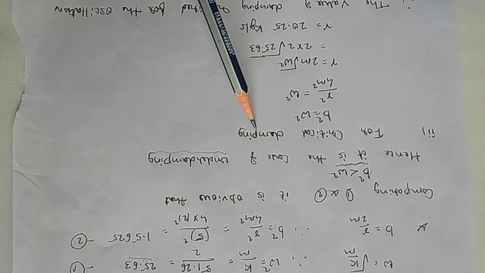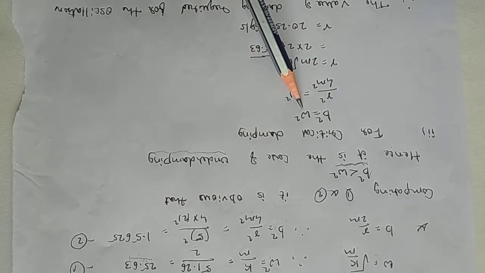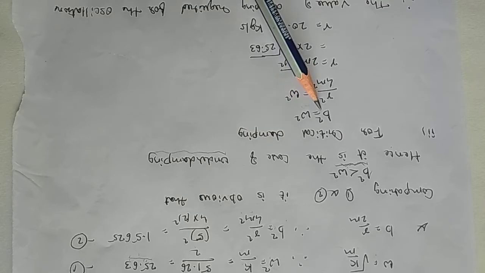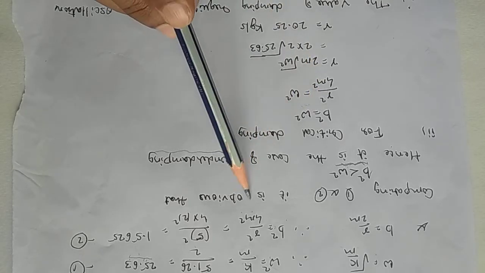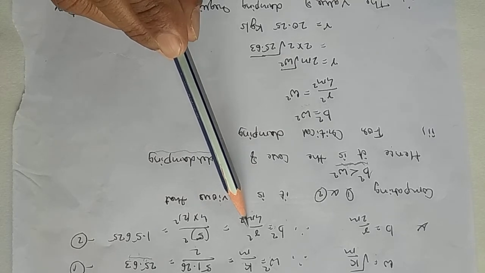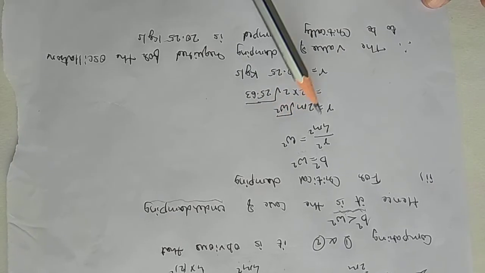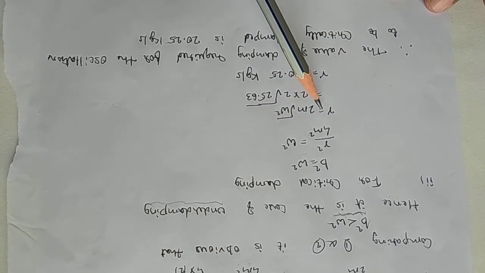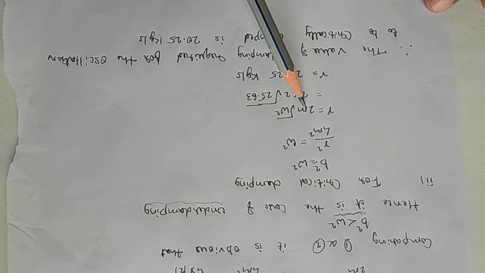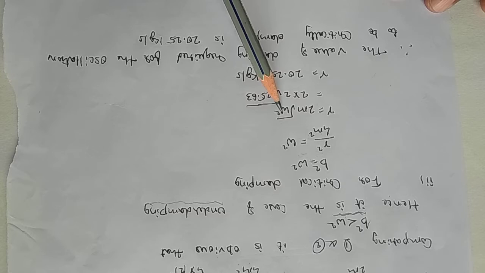Now for critical damping, we observed that b square is equal to omega square, they are equal. Now what is the value of b square? R square by 4M square is equal to omega square. Now rearranging the terms here, R becomes 2M into the square root of omega square.